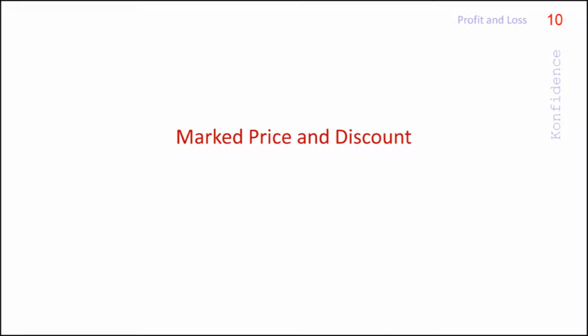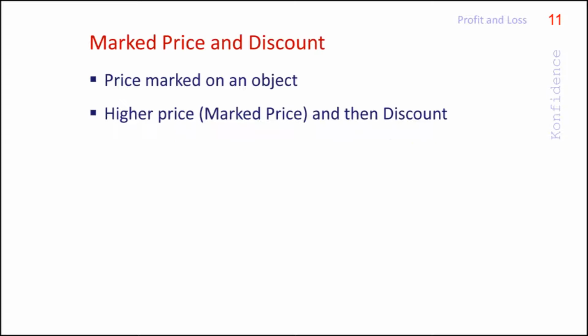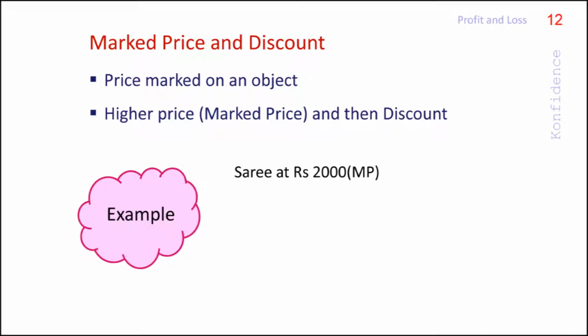There is a concept in profit and loss called marked price. What is that? Marked price, MP, is something that is marked on an object. We go to a cloth shop and look at a sari. We see the price tag and we see a figure of rupees 2000 there.